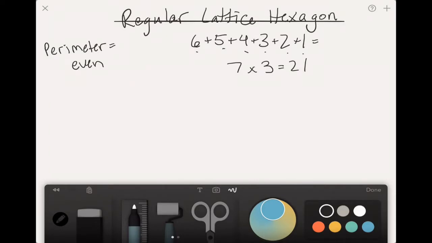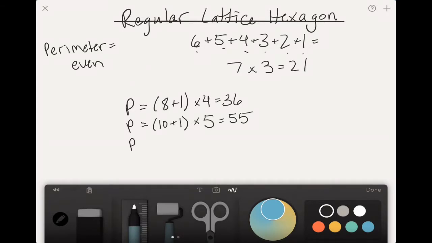Well, let's look for a pattern. All right, when an 8-sided regular lattice polygon had a perimeter of 8 plus 1 times 4, that was 36. All right, a decagon has a perimeter of 10 plus 1 times 5, which was 55.